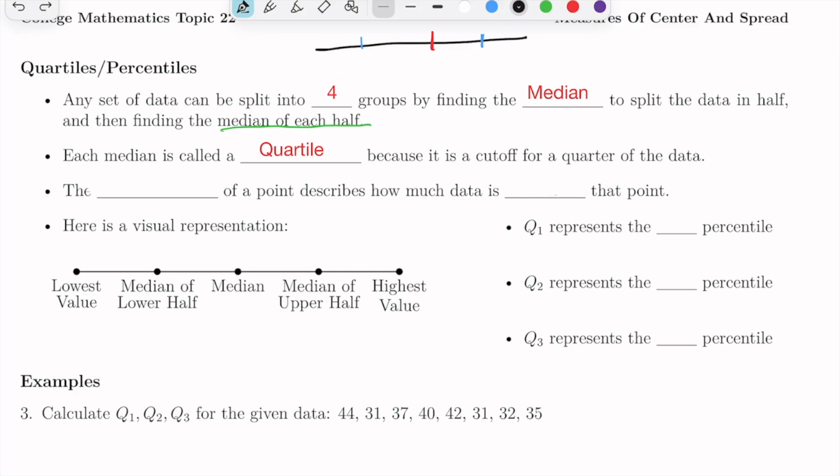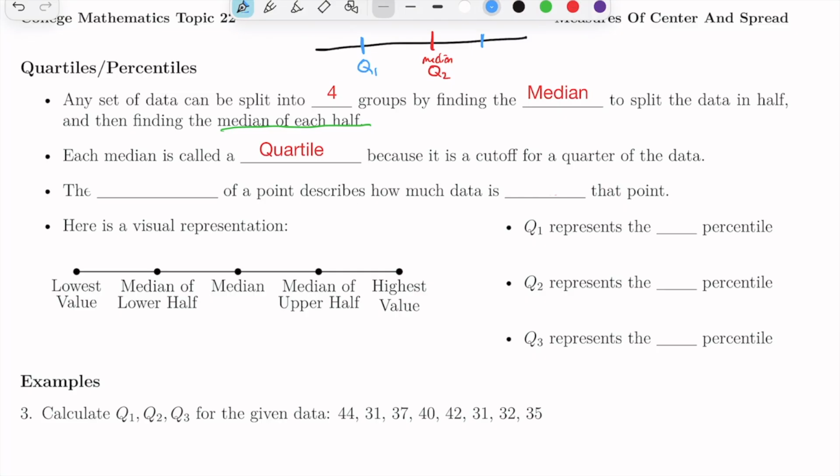So we cut the data in half, and then we cut the lower half in half and the upper half in half. Now, each of these end values, which, we said this was the median, if we divide these into 4 equal parts, we're dividing them into quarters. The number right here that ends the first quarter is called a quartile, all right? And then the number that ends the second quarter of the data, that median, would be the second quartile.